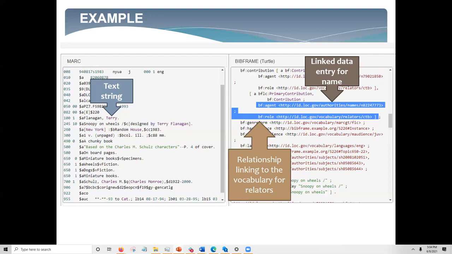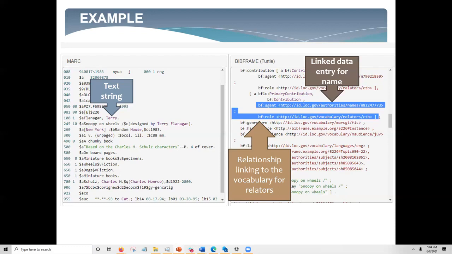Then if you look up above it where it says BF agent, BF being for BibFrame, that's telling a system that would read this very code-oriented record that it's BibFrame, and then there's our agent. So this is part of that agent class.